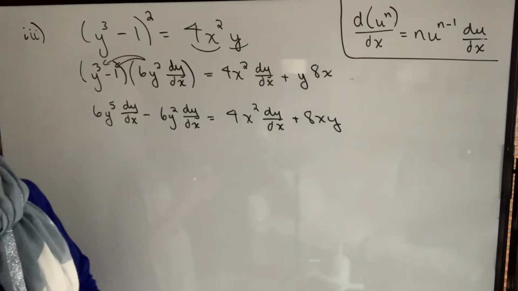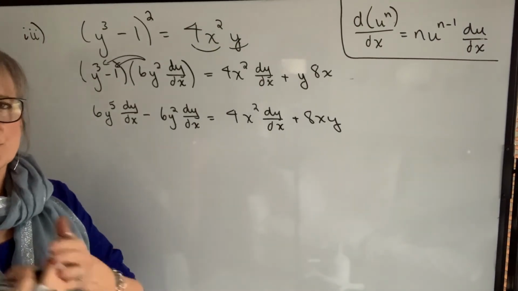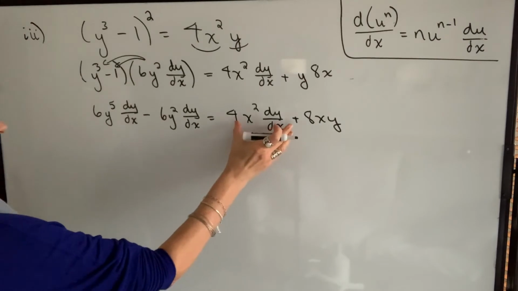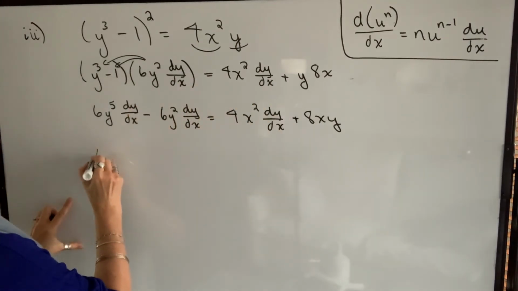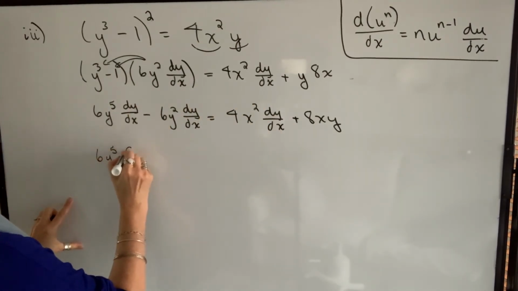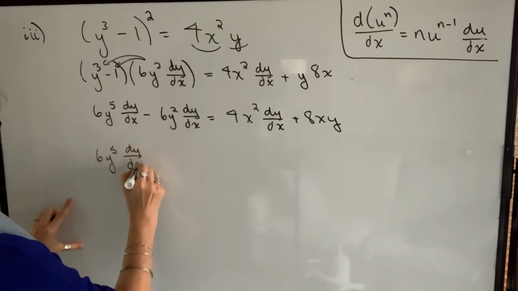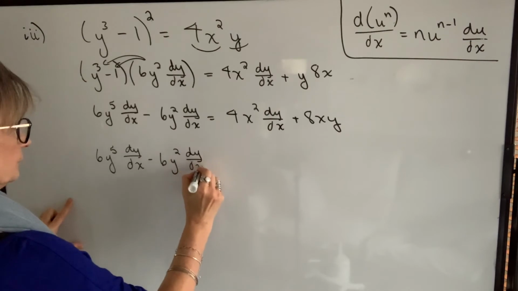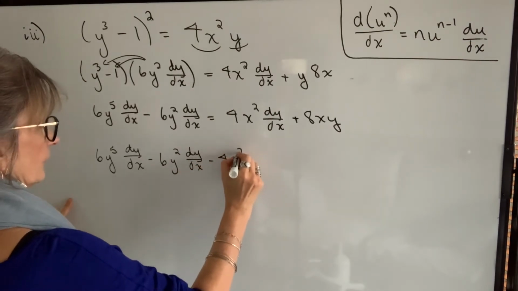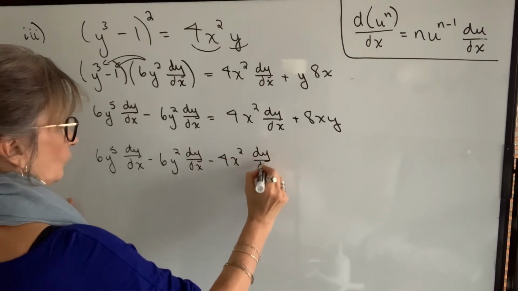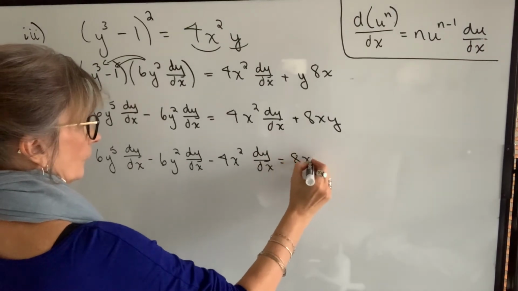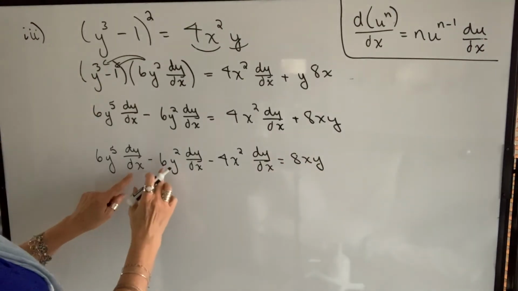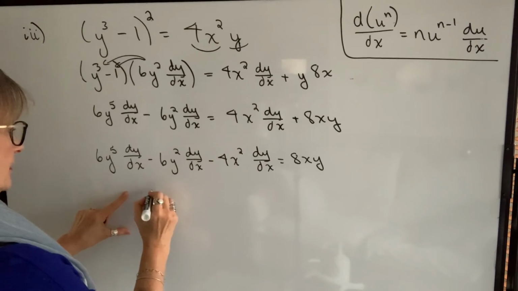Now I need to get all my dy dx terms on one side of the equation, so I'm going to move this term over by subtracting it from both sides. And then what I want to do is factor out the dy dx out of all those terms.